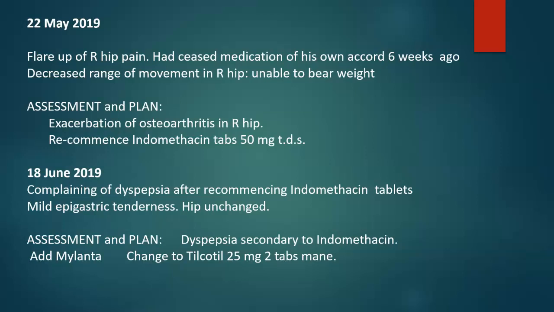So you believe the osteo is getting worse, and you've recommenced him on these tablets. 1 month later, or maybe 2 weeks later, he was complaining of upset tummy, dyspepsia, and so on. The hip is not getting any better. He changed his medication to this stuff here, Tilcoffel, 25 milligrams, 2 tablets in the morning.